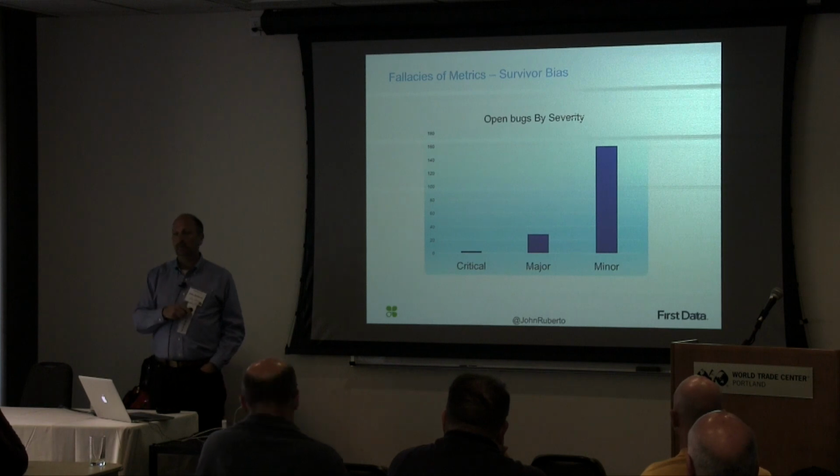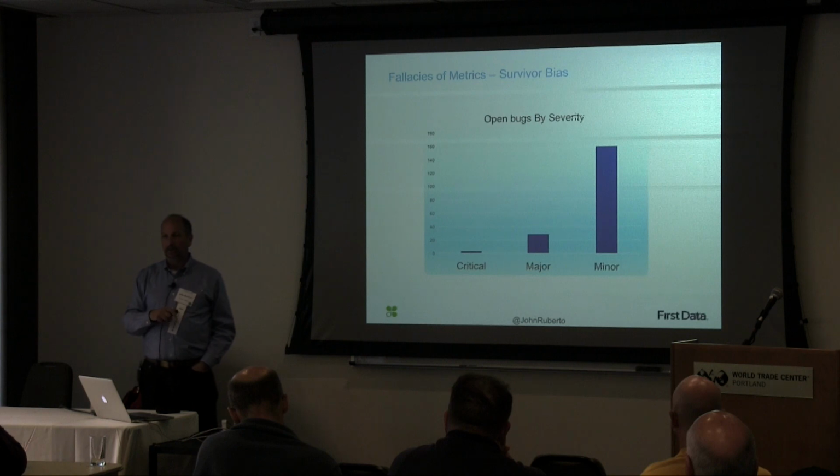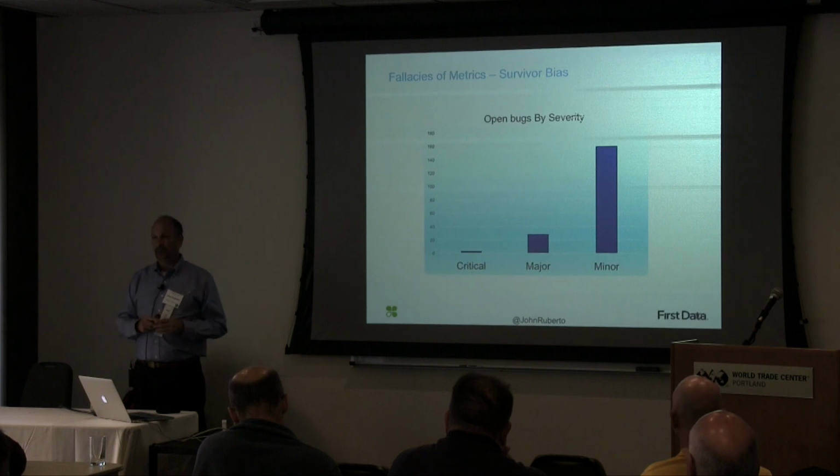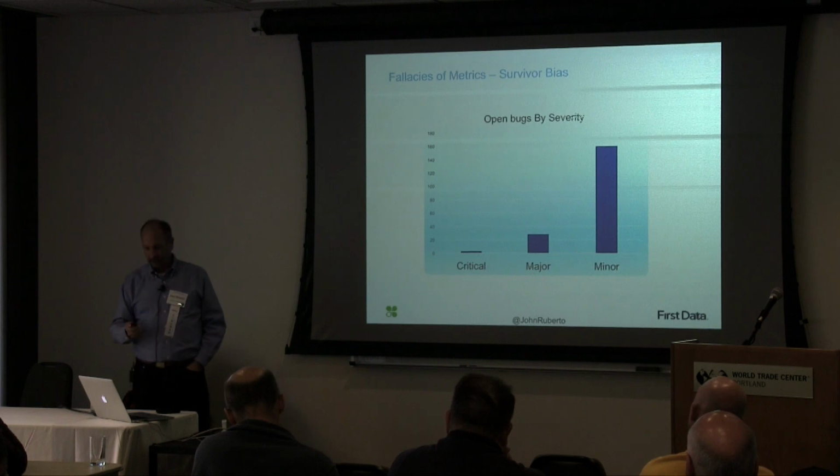But the reality might be we get a lot of critical bugs coming in, but we fix them right away. So you really have to look at the overall picture, and when you have a filter that looks only at open bugs, you have to realize that there may be some survivor bias in your data.